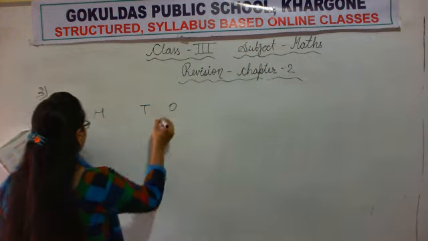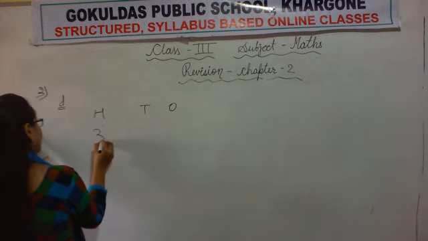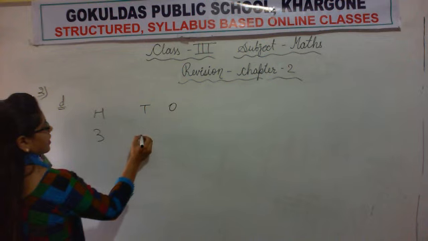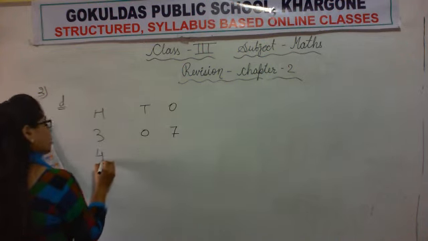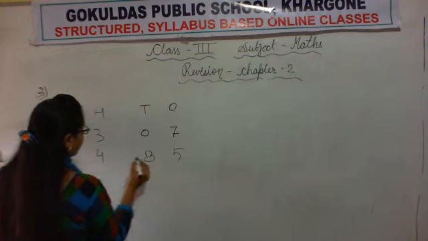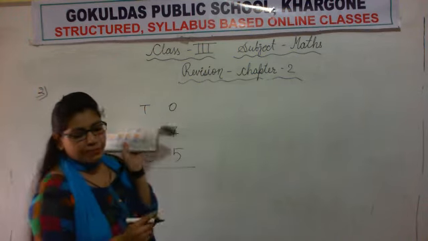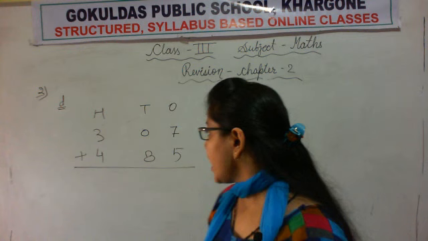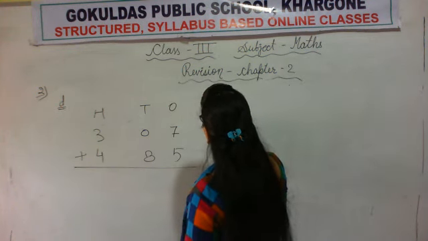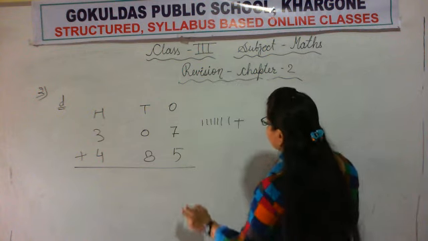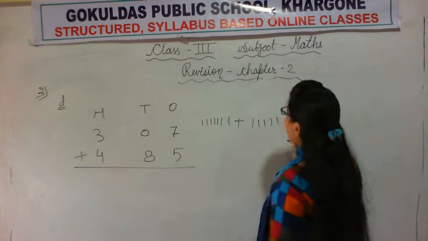Hundreds, tens and ones, first sticks. The first number in part D is 307. The second number is 485. Let's add them all. How will we add? We will add by drawing sticks. Now 7 is there, so we will draw 7 sticks. 5 is there, so we will draw 5 sticks.